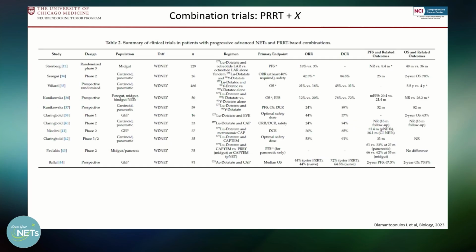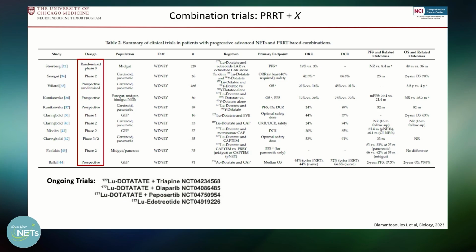Now, there have been many combination trials that have either been explored or are ongoing, combining PRRT with other therapies. You can see here, of course, there was the NETTER-1 and the NETTER-2 trial, but then also there have been trials looking at combining Lutathera with everolimus, CAPTEM, etc. Most of these trials are phase 1 or phase 2 and have either not progressed or are still in phase 3 or are still in their early research days.